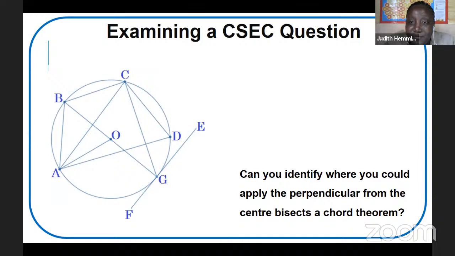Or which angle would measure 90 degrees based on that theorem? I know they're thinking, so we're giving students a few minutes to all think. I'm not seeing anything in the chat just yet. All right, I'm still giving them a few seconds.